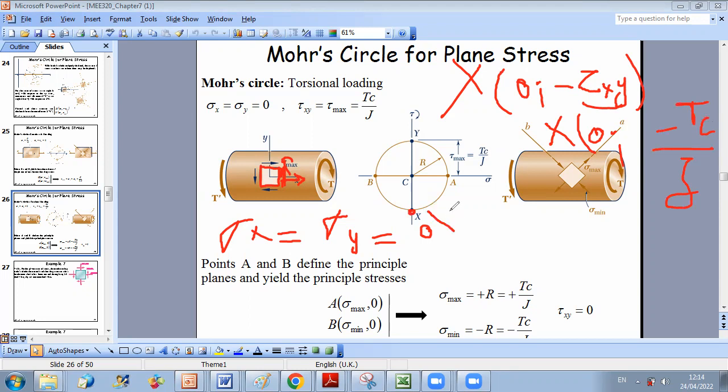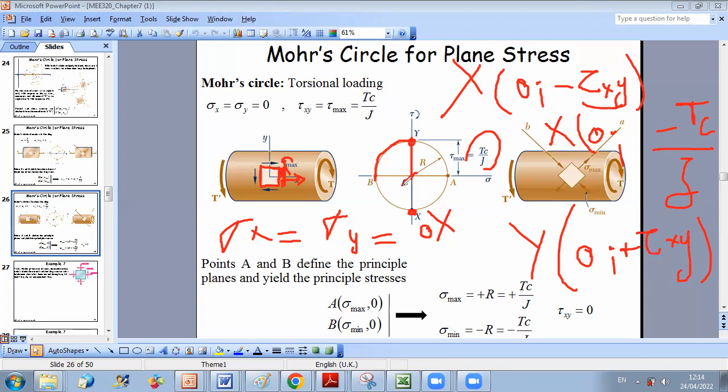This is point big X. And point big Y is 0 plus tau xy. So this is point Y, and this distance is Tc over J. So now once you have big X, big Y, you can draw your circle.